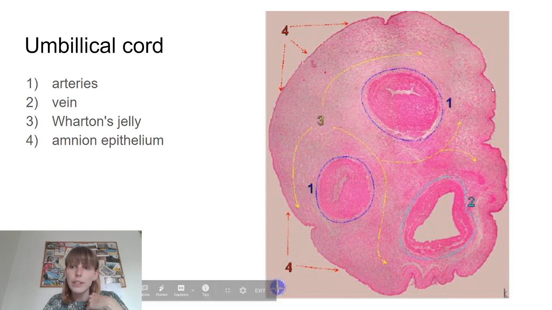So the lining, then the Wharton's jelly, the structures that we see here, which will be 2 arteries. So in this case, number one are arteries, and number 2 is a vein.